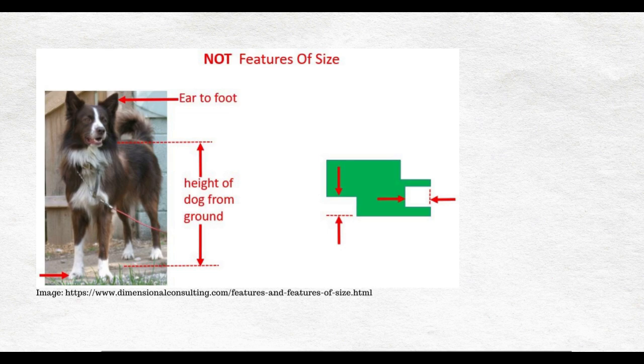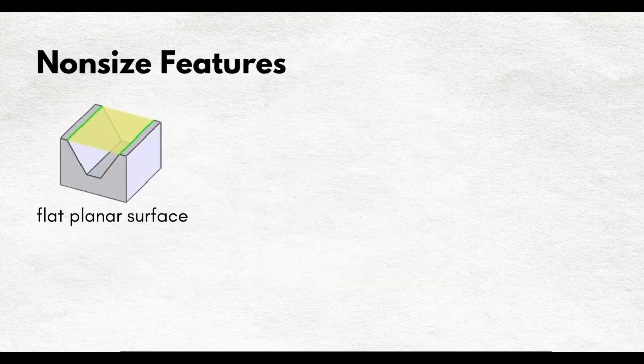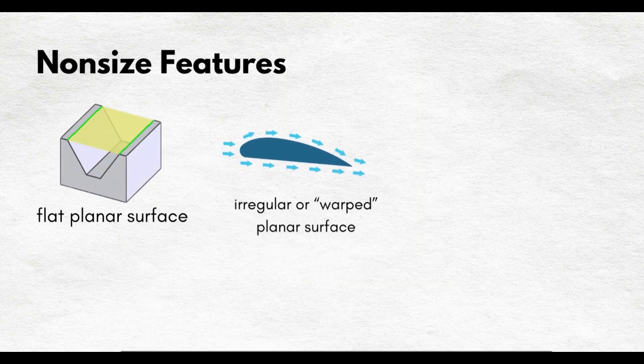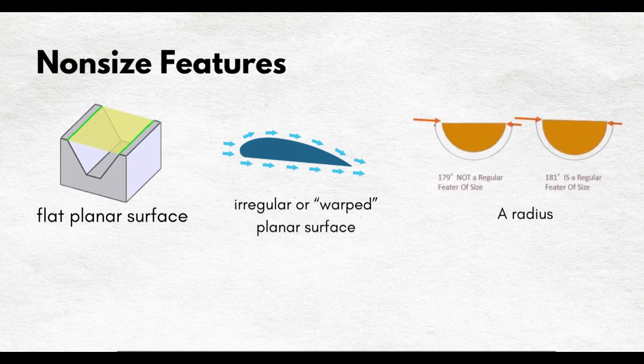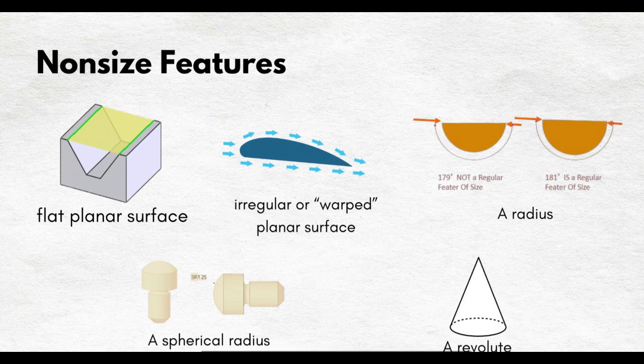Non-size features include a nominally flat planar surface, an irregular or warped planar surface such as the face of a windshield or airfoil, a radius, a portion of a cylindrical surface encompassing less than 180 degrees of arc length, a spherical radius, a portion of a spherical surface encompassing less than 180 degrees of arc length, a revolute, a surface such as a cone generated by revolving a spine about an axis.